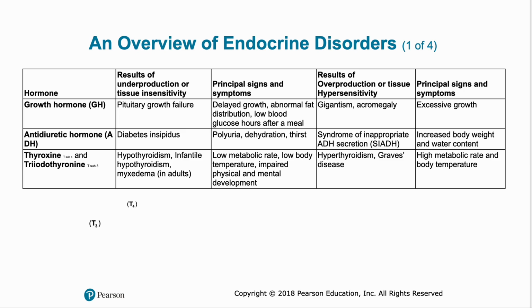You can, of course, have hypothyroidism or hyperthyroidism. So if you have too little thyroxine or T3 and T4, then you're going to see very low metabolic rate. If you have too much, you're going to see a high metabolic rate. And you may see Graves' disease as well, which is associated with increased activity of the thyroid.